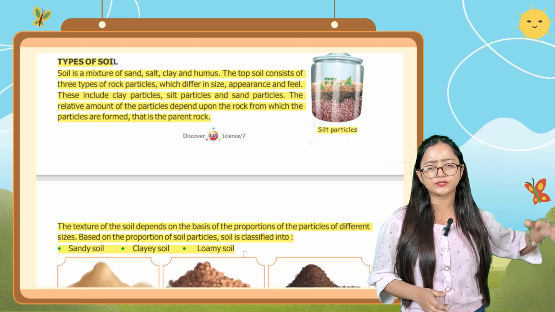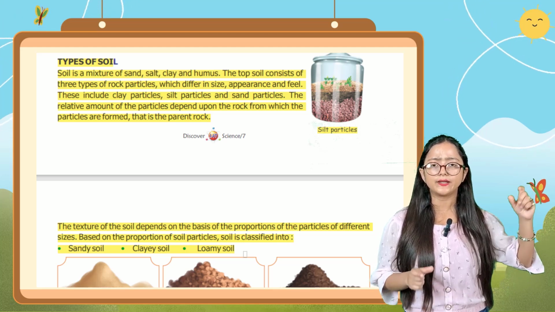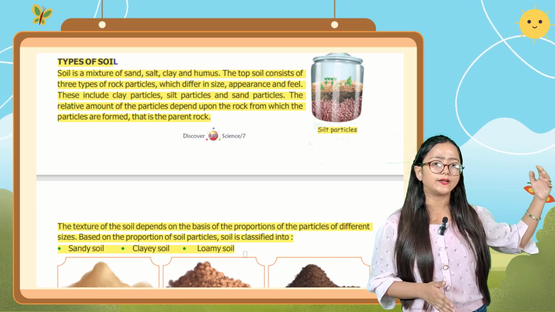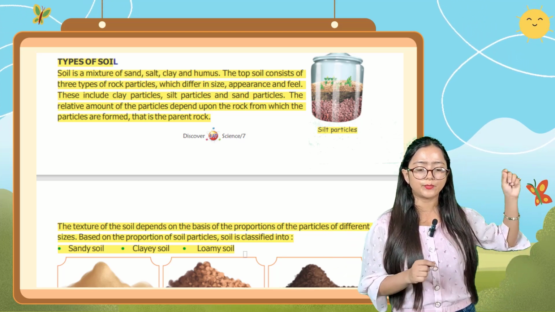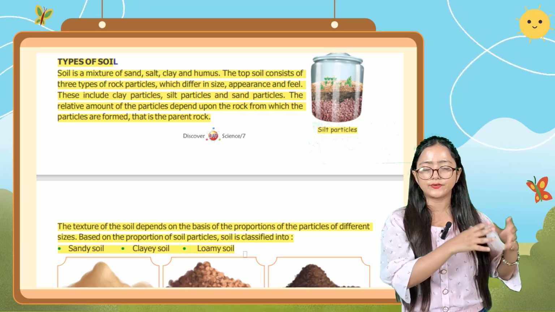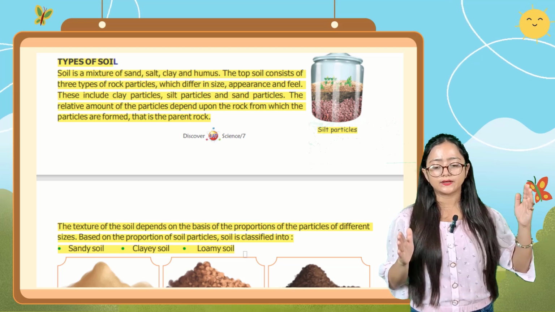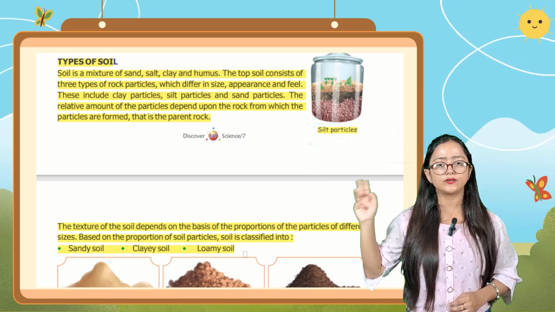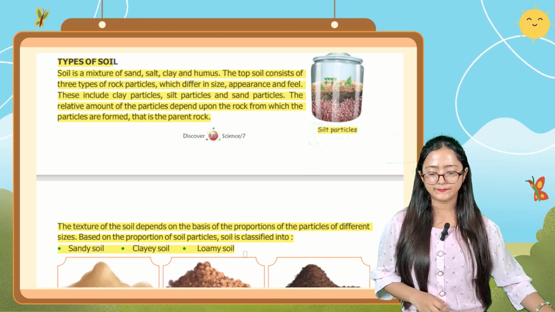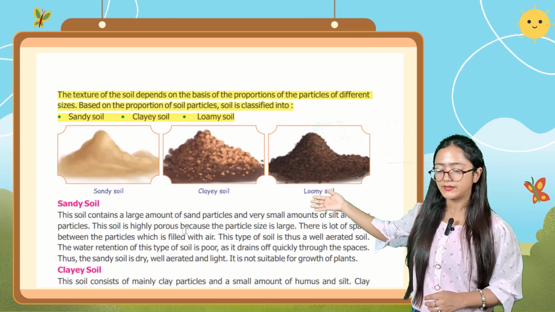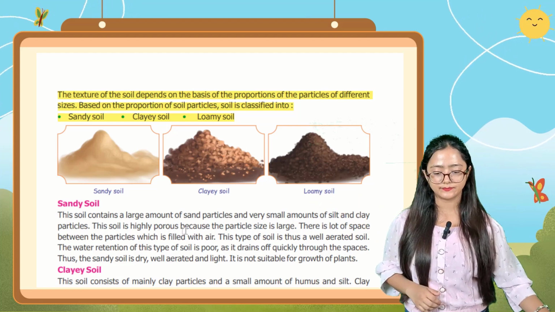Based on the proportions of soil particles, soil is classified into sandy soil, clayey soil and loamy soil. Here the images are shown: sandy soil, clayey soil and loamy soil.